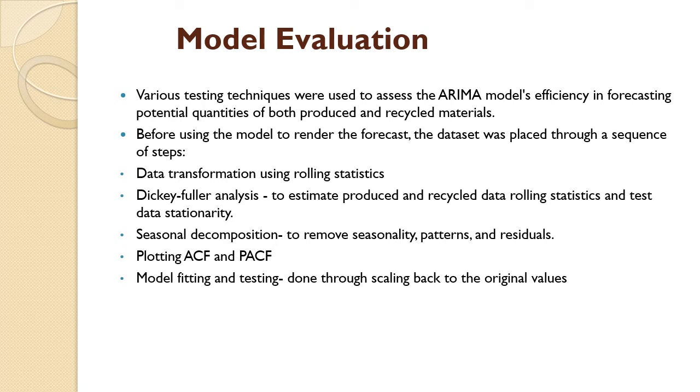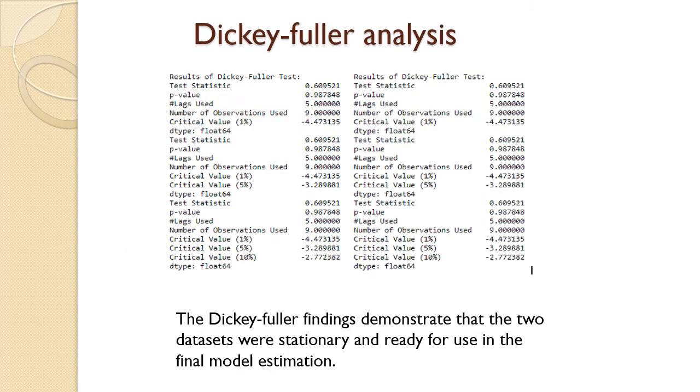Then the Dickey-Fuller analysis was done to estimate the rolling statistics of the produced and recycled data and test data stationarity. Then seasonal decomposition was done to remove seasonality, pattern, and residuals. Then the plotting of the autocorrelation function and partial autocorrelation function was done, and finally model fitting and testing was done through scaling back to the original values.